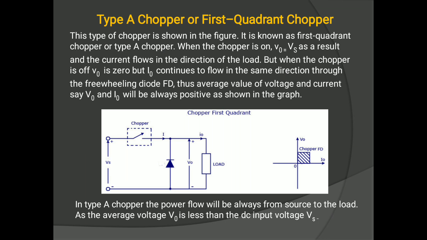Thus, average voltage and current are always positive. This is shown by the hashed area in the first quadrant. The power flow in A-type chopper is always from source to load. This chopper is also called step-down chopper, as output voltage is always less than the source voltage.